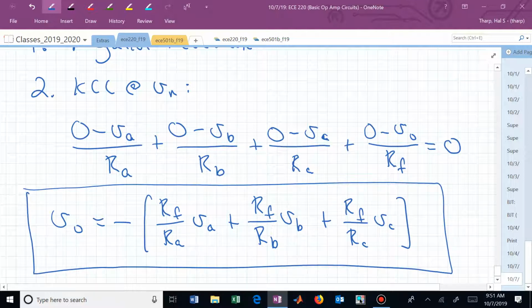Now we have an inverting summing amplifier. Now we can have multiple voltage sources scaled differently and creating a single output.